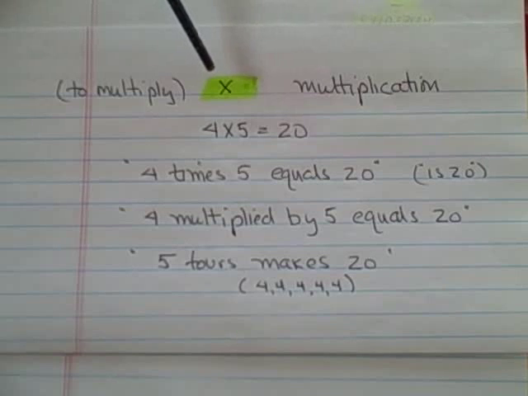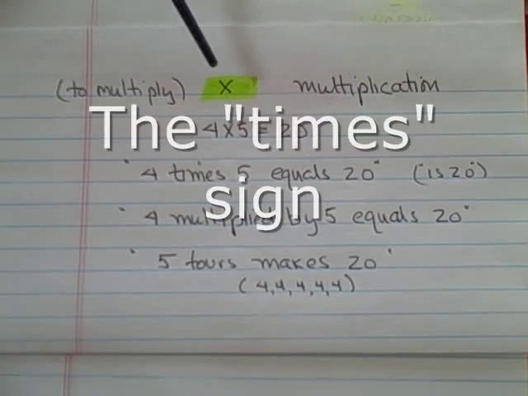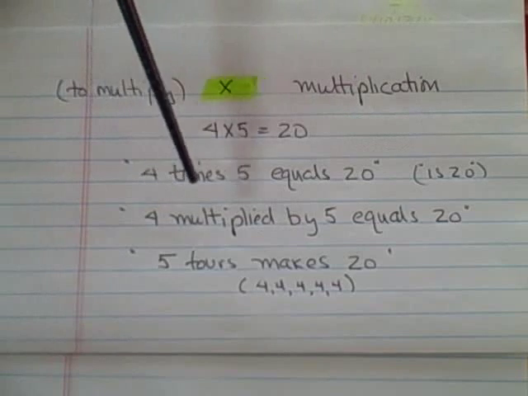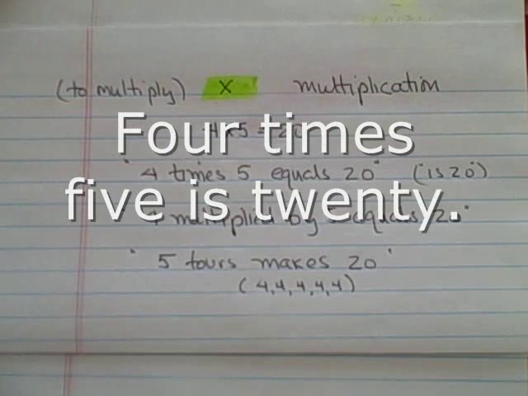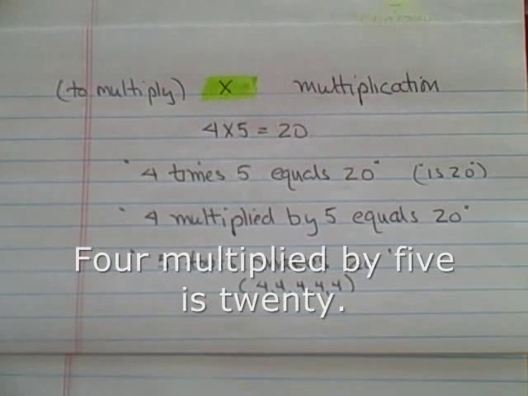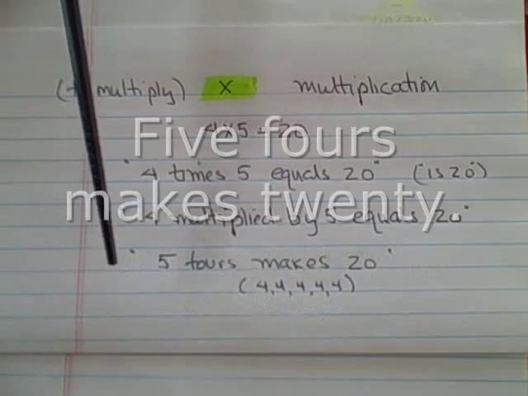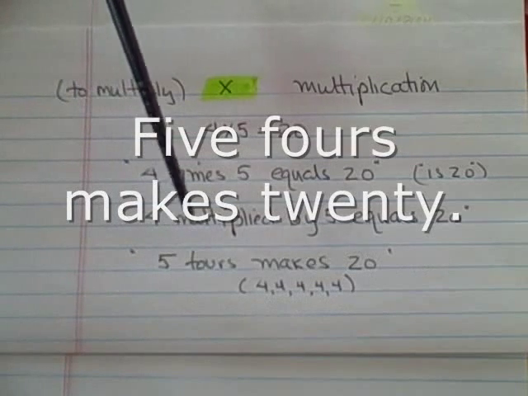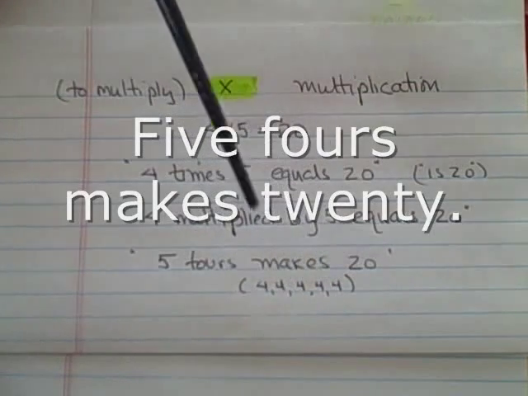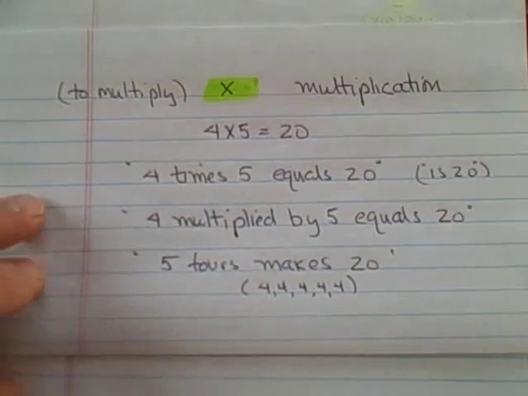Sometimes this is called the times sign. 4 times 5 is 20. Or you can say 4 multiplied by 5 is 20 or equals 20. Or you can say 5 fours makes 20. 1, 2, 3, 4, 5. 5 fours makes 20.